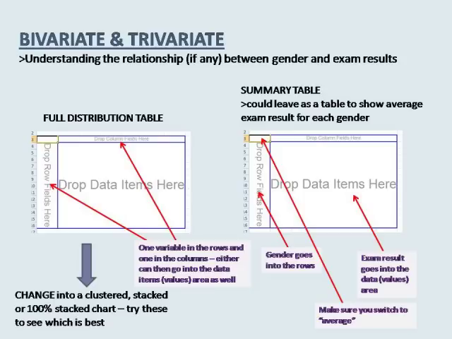This can then be turned into either a clustered, stacked, or 100% stacked bar chart. You will need to think about which one is most appropriate. So the idea is you can try these options to see which you think shows the relationship, if any, between these variables, and therefore specifically answer the question of whether there is a relationship between gender and exam result.